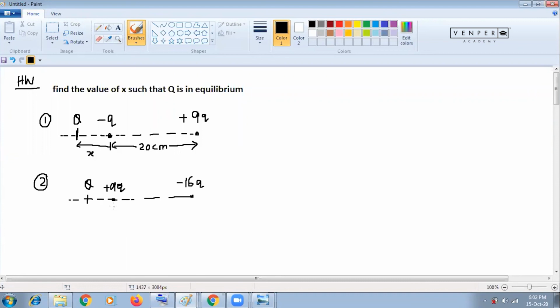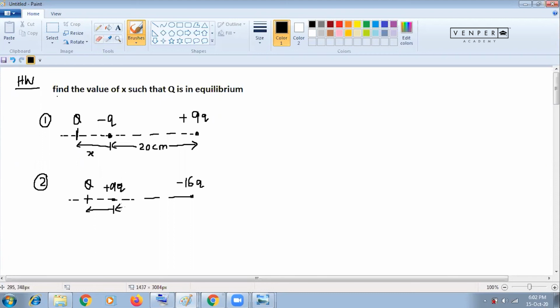Near the smaller charge and outside, not inside, because if you keep it inside, it will never be an equilibrium point, because due to this it is repulsion and due to -16 it is attraction. You see the two forces are in the same direction, so they cannot form a resultant of 0. Equilibrium means resultant to be 0, so the two forces should act in opposite directions with equal magnitude. That is not possible in between.